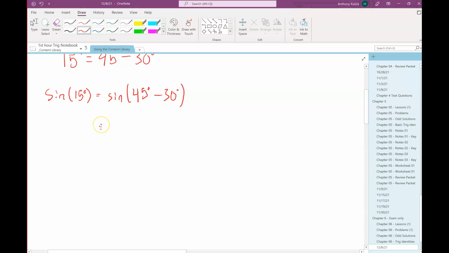So I'm going to fill this in. So this says sine of x times cosine of y minus sine of y times cosine of x.